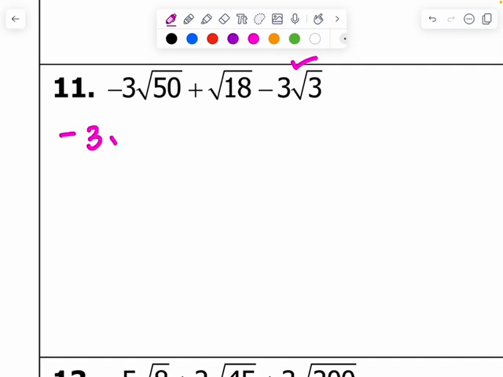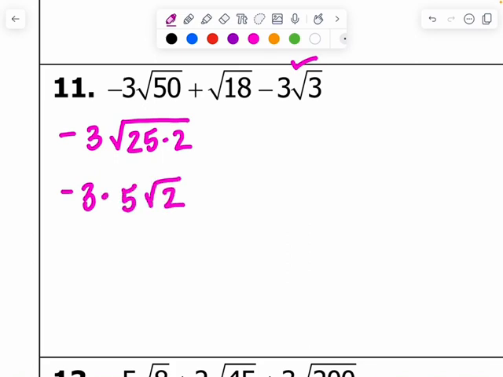So square root 50, well, 50 is 25 times 2. The square root of 25 is 5. So we end up with negative 15 square root 2.